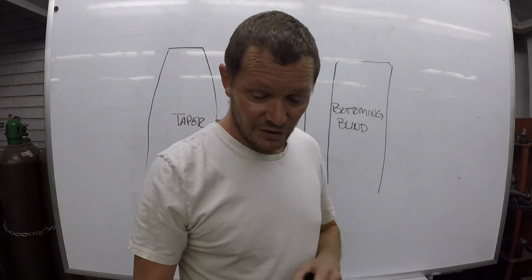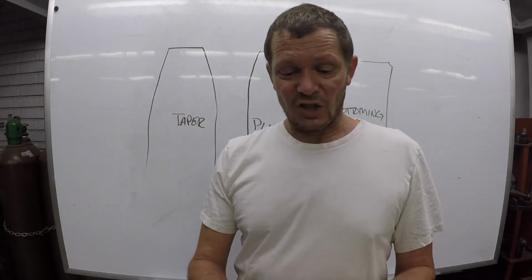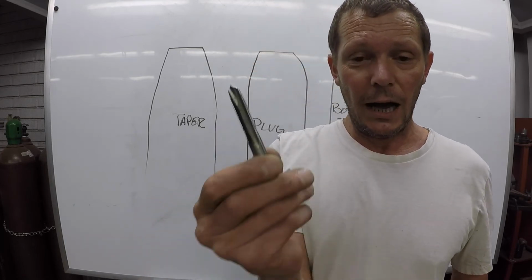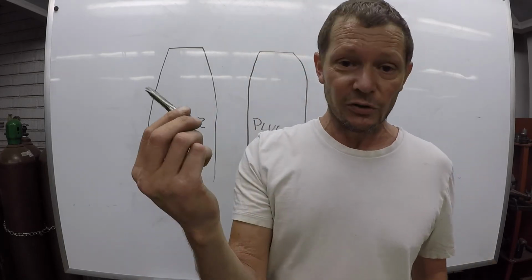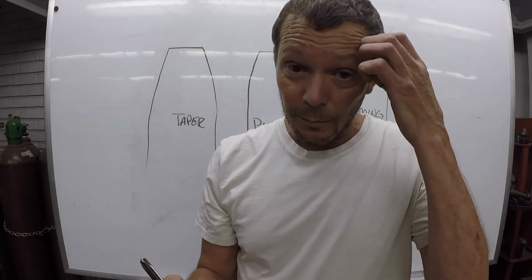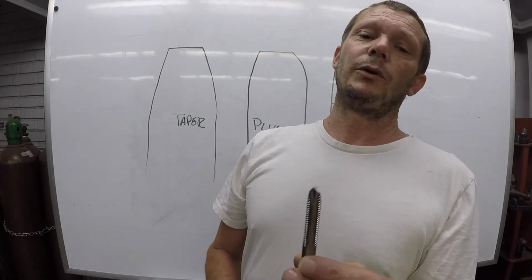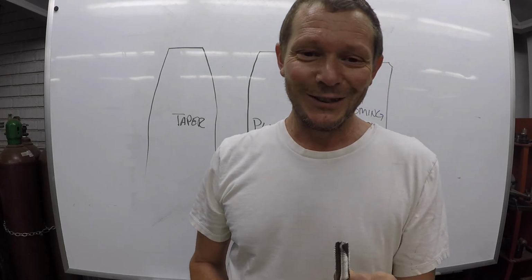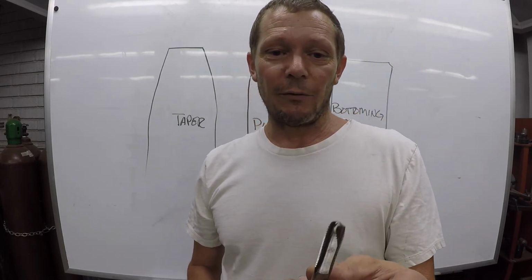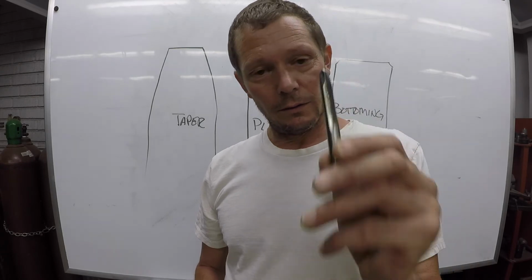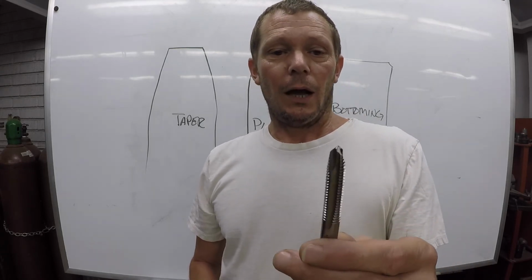I have another one here, since this is a spiral point tap. I personally use these mostly unless I need a bottoming tap. They really self-align. I do a lot of tapping on the machine too, not by hand. And when I have a through hole, these are a delight. They're a spiral tip.